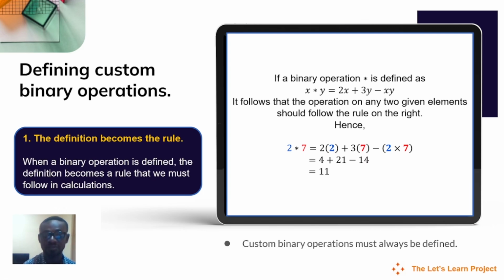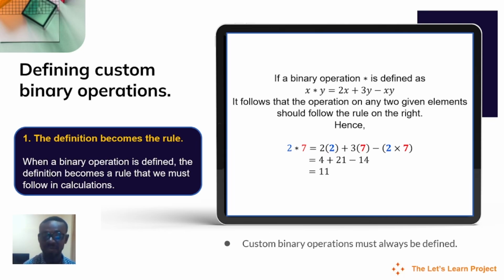So for instance, in this binary operator we have x star y. The x and the y are operands here, and the rule, the definition, is the rule that has been given here. It says that anytime you see x star y, you have to do this. You multiply 2 by the x, then you add it to the product of 3 and y, then you subtract the product of x and y from whatever you have.